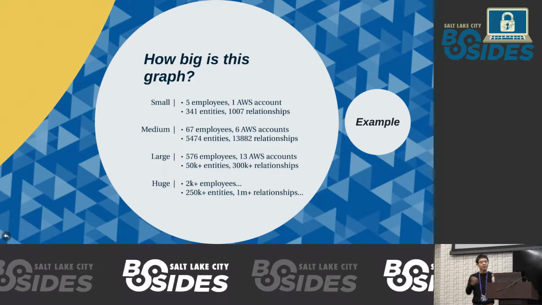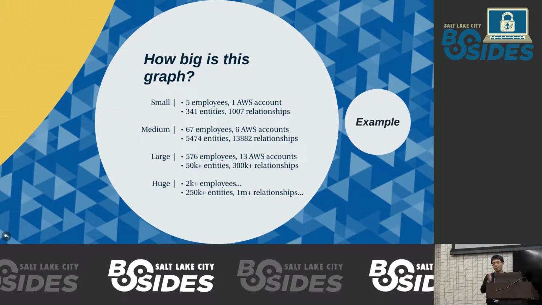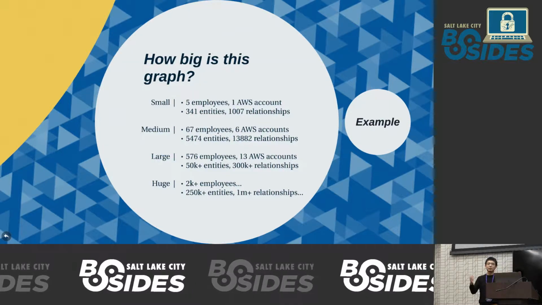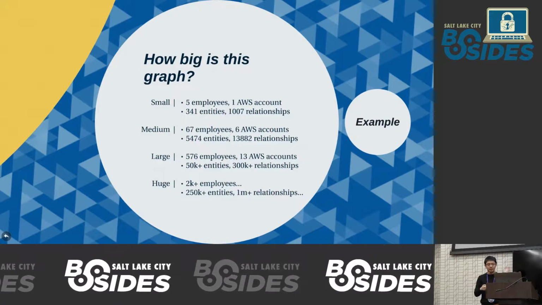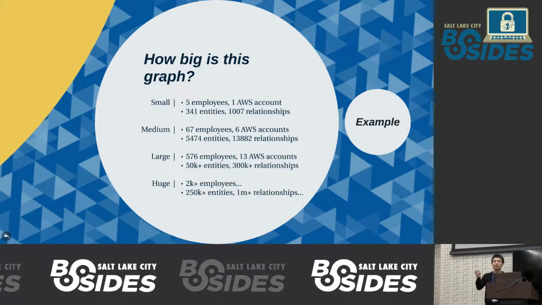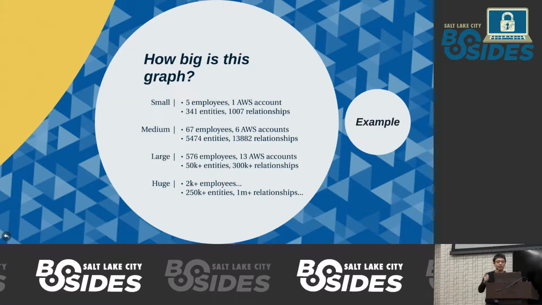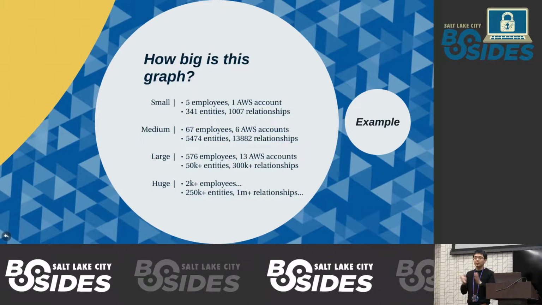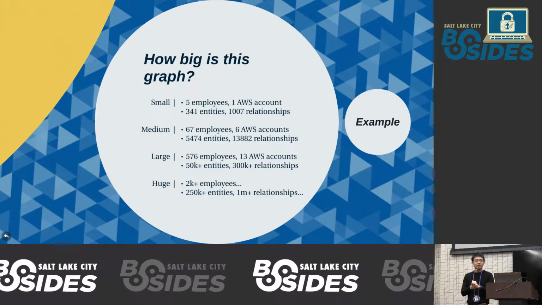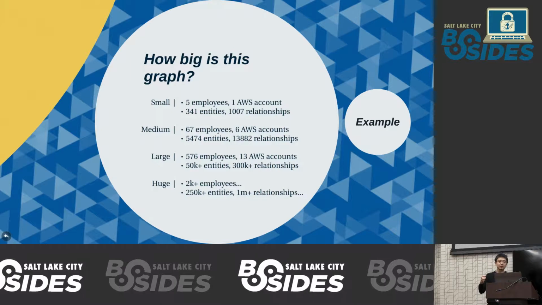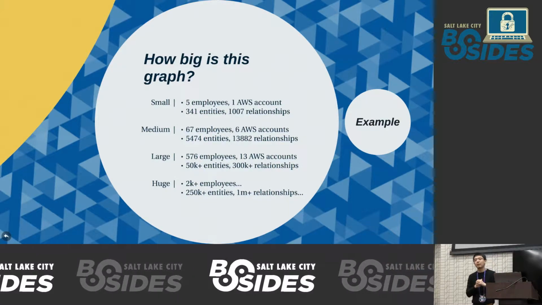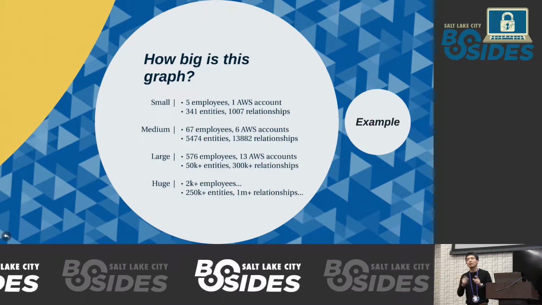For a very small startup, 5 employees, a single AWS account, there could be 340 plus entities in this exact example and over 1,000 relationships. And up to a huge enterprise with thousands of employees ends up with 250,000 entities and over 1 million relationships.